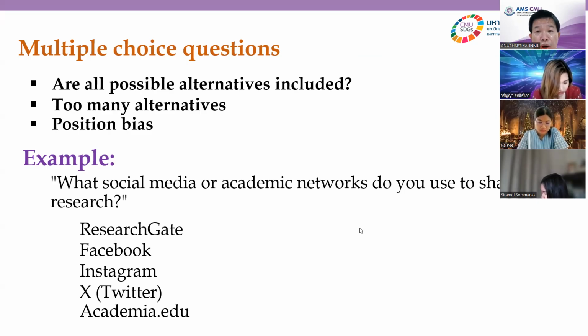Okay, you have Twitter, Waranya. Now it's changed to X, right? Because Elon Musk bought it already. Siramon, do you know about academia.edu? Academia is one of the social networks, an academic network, but Thai people know it a little.